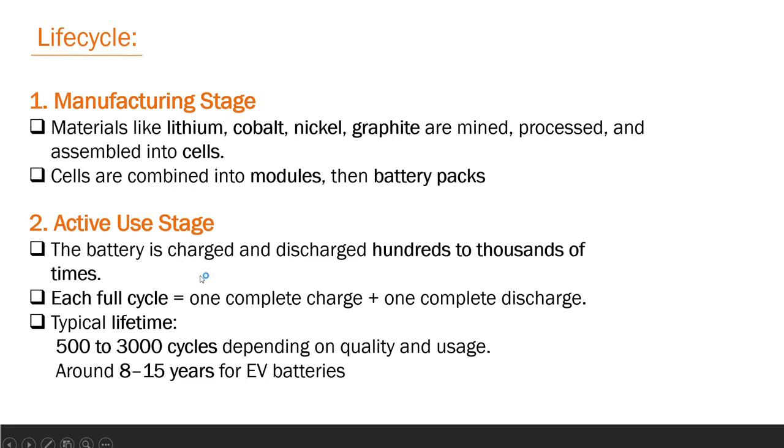A full cycle consists of one complete charge plus one complete discharge. A lithium-ion battery lasts about 500 to 3000 cycles depending upon quality and use, which is around 8 to 15 years of battery life in an EV.